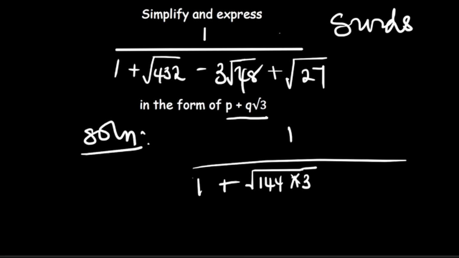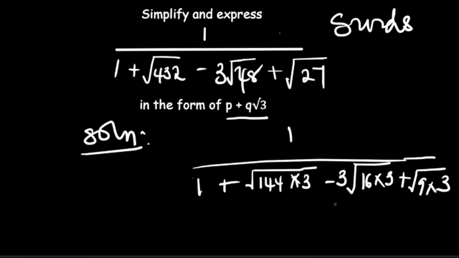We only broke it apart so that we can obtain perfect squares that help us to simplify the expression. Now here we have minus 3, and this 48, like we mentioned earlier, can be written as 16 times 3. And then finally, 27 can also be written as 9 times 3.